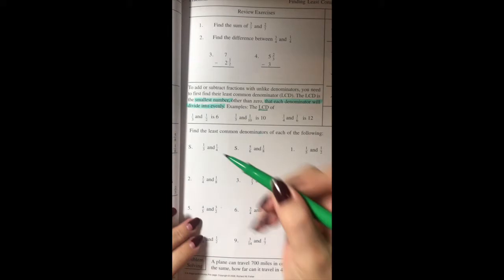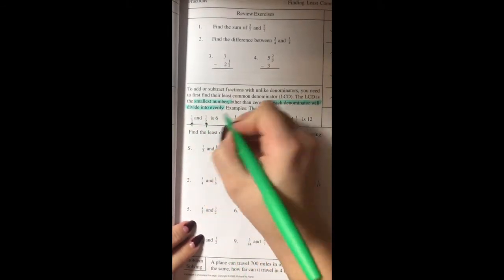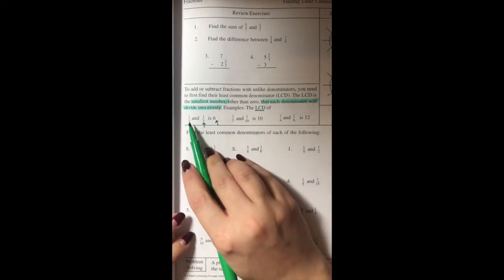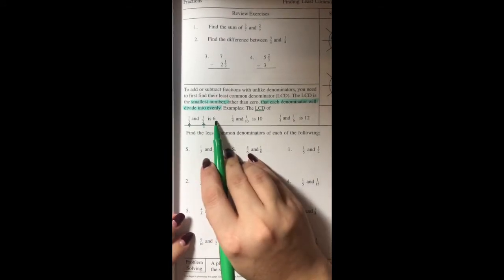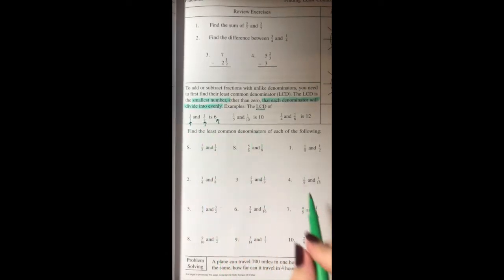The least common denominator of 3 and 2 is 6. Why? The reason why it is 6 is because 2 and 3 both fit into 6. It is the smallest number that both of these fit into.